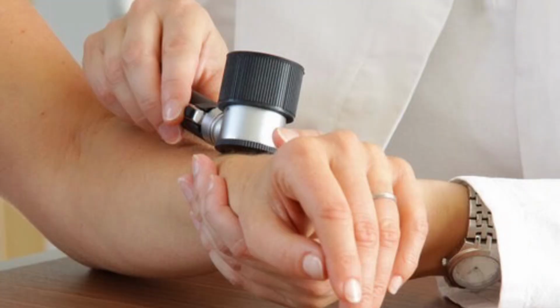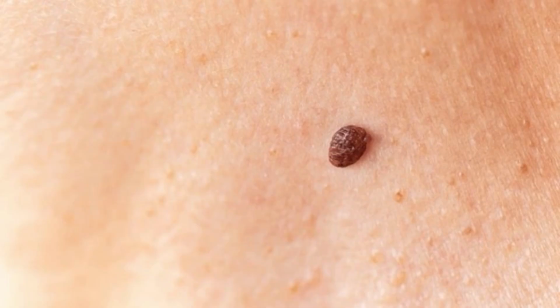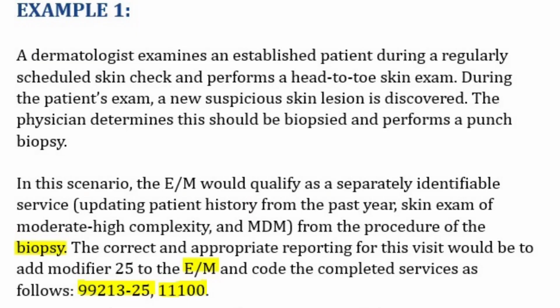The doctor has not planned this visit for that particular skin biopsy. The doctor planned this visit for a regular head-to-toe skin checkup. During the checkup, he found some suspicious lesion and wants to perform a biopsy. These two are separate. So in this scenario, you will be coding E&M with modifier 25 along with this punch biopsy.